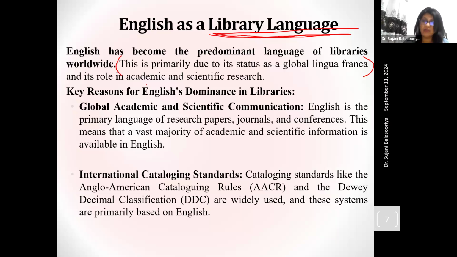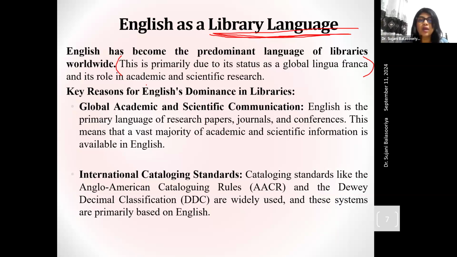And even if you find the bookshelf, you don't know where the particular book is. So there are numbers issued to each and every book, and this numbering system, this cataloging, is a separate area. So just go to the note: cataloging standards like the Anglo-American Cataloguing Rules and the Dewey Decimal Classification are the widely used cataloging standards.